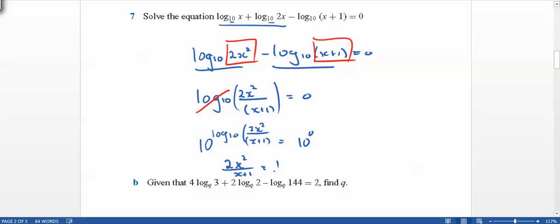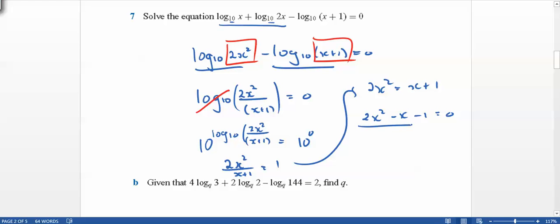All right, let's rearrange. I'm running out of room here, but we've got 2x squared is equal to, just cross multiplying, x plus 1, and then I'm going to get this all on the same side. I'm going to have 2x squared minus x minus 1 is equal to 0. Now we can look to factorise, but if you can't factorise, we can always solve this using the quadratic equation.